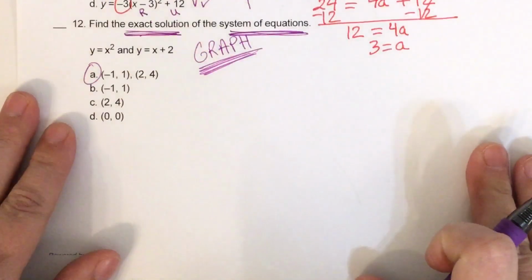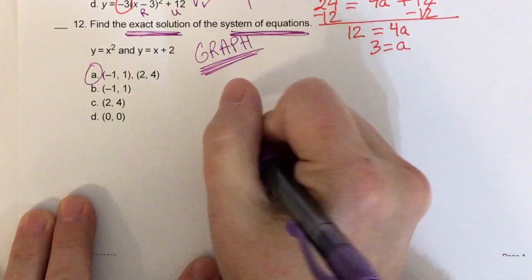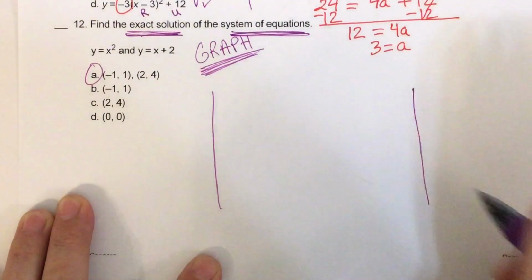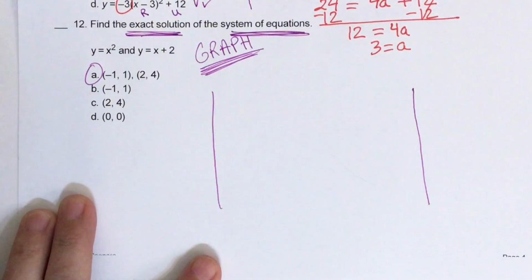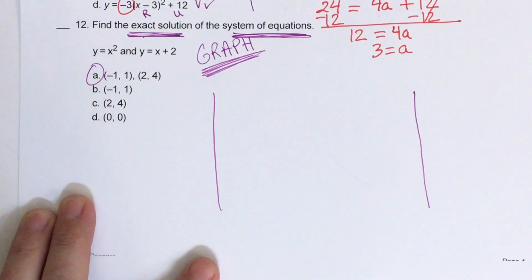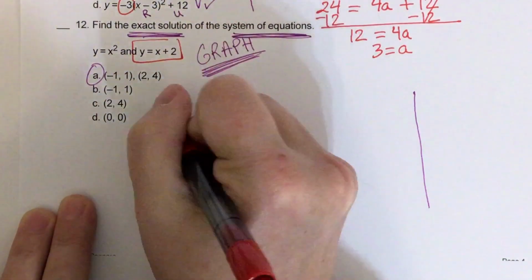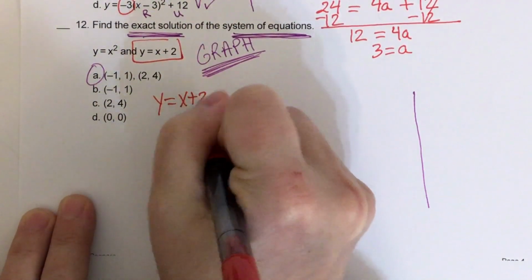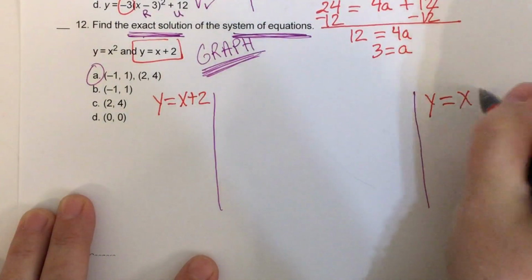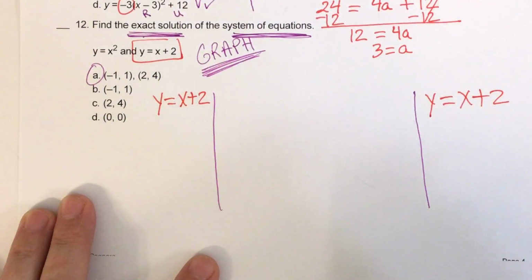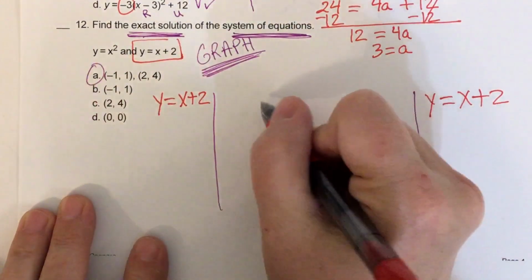Now, if you were to solve this algebraically, then I would do substitution. Bread, meat, bread. I would always put the linear equation in the first and last column, and then I would always put the quadratic in the middle.